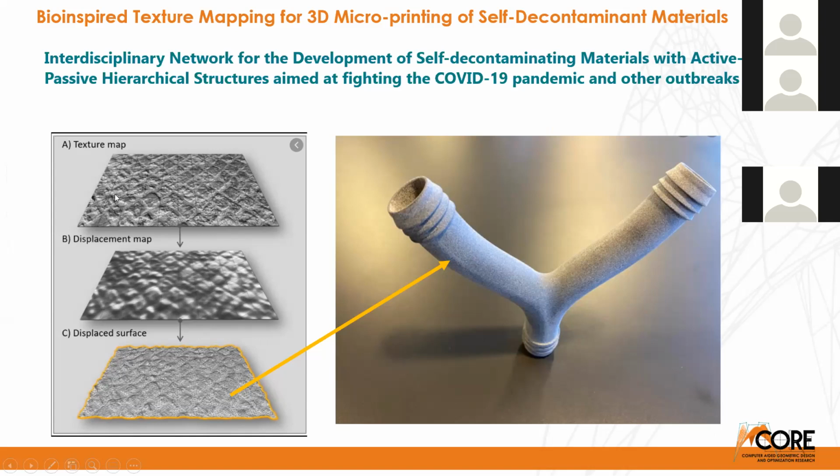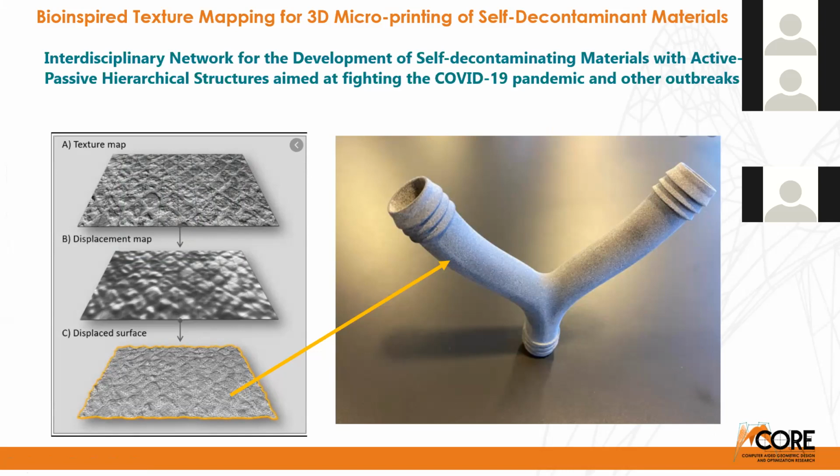And then we take this image, we construct a displacement map from the texture. Displacement map is just the information of height itself. And then we do the displacement on the surface itself to be printed in the 3D printer. So this is our part in the project.